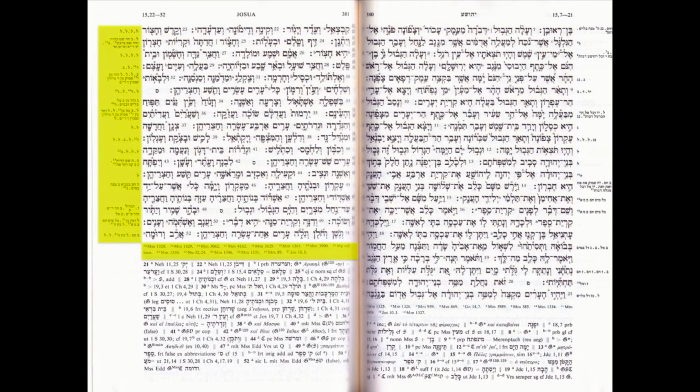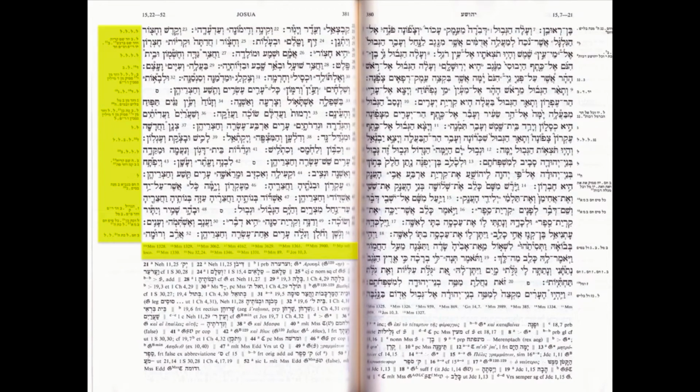Over here and down here, however, we have notes, things that were added to, insights, things that were counted, the Qere and Ketiv, all of these things show up in the Masorah.